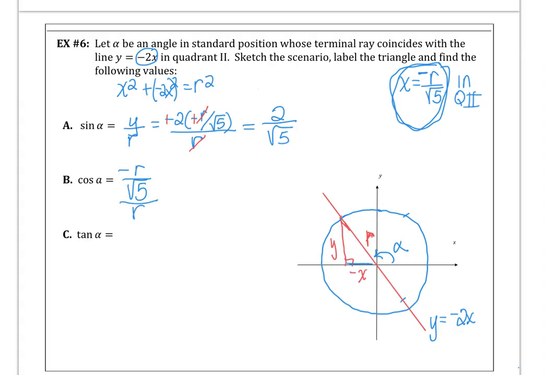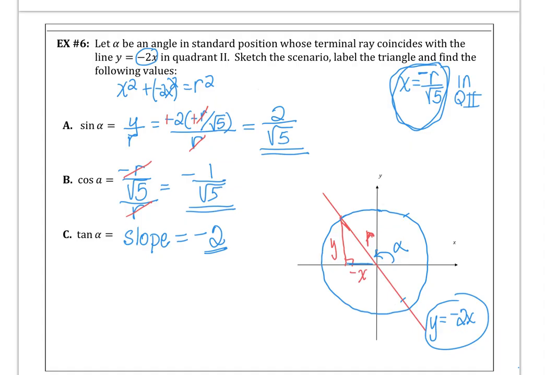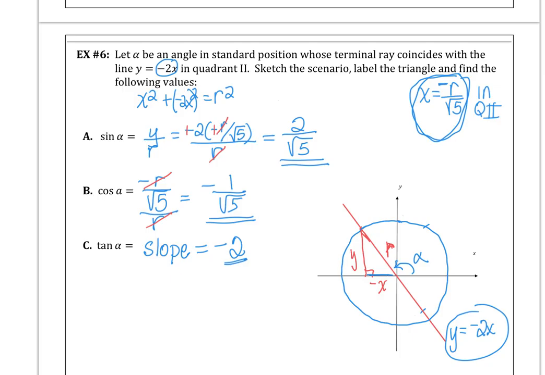So negative over r, that's going to be negative 1 divided by square root of 5 when we simplify. Then tangent we said is the slope, and if slope is change in y over change in x, but we know y is negative 2x, then the slope is negative 2. So sine is 2 over radical 5, cosine is negative 1 over radical 5, and tangent is negative 2. And that completes day 1 for sine, cosine, and tangent.